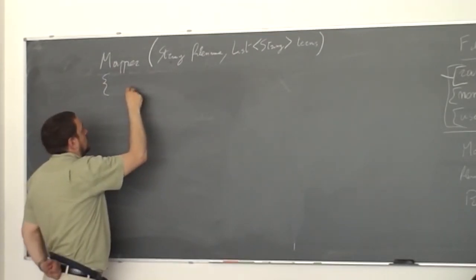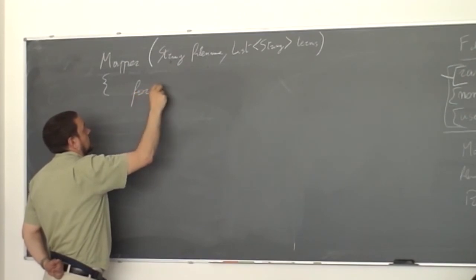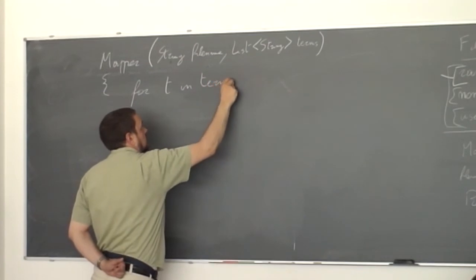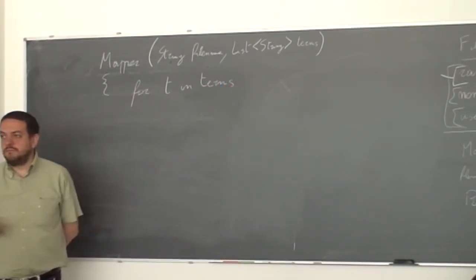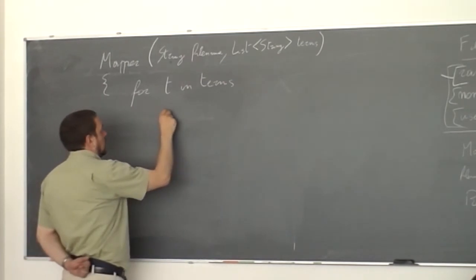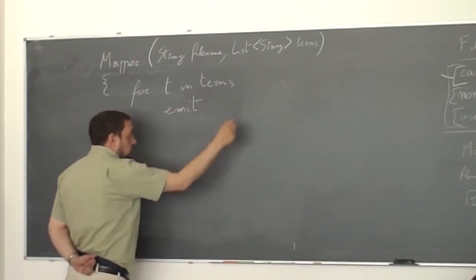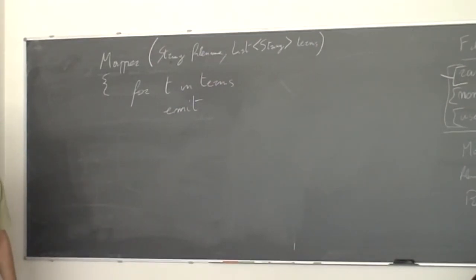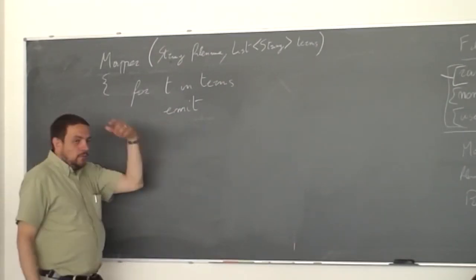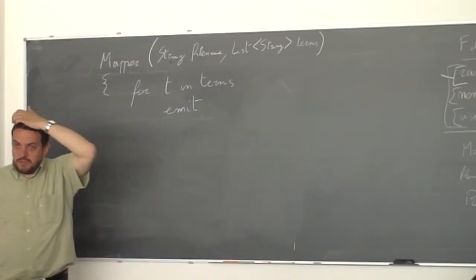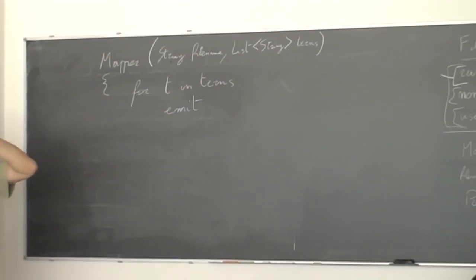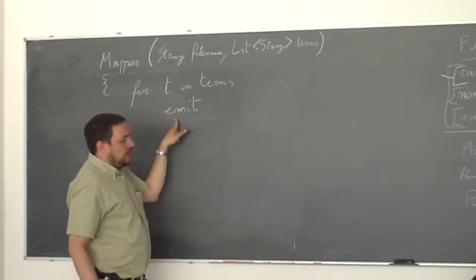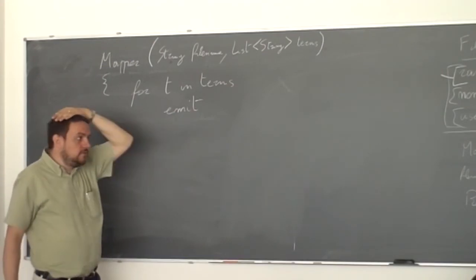So what the mapper does is, for every term t in the list terms, it's going to write out, to send out, emit, or if you want the Hadoop implementation, you would also have an output collector here with the method collect to write out.